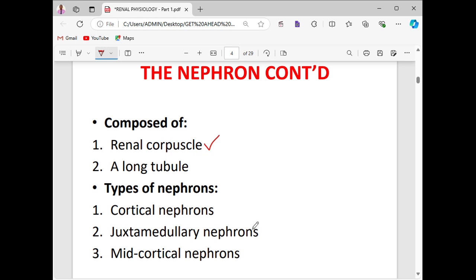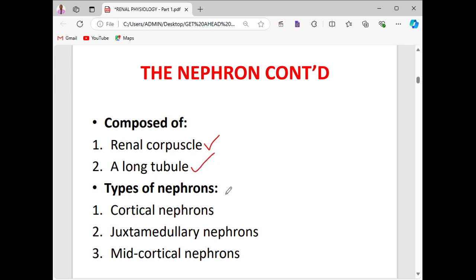So basically, the nephron is composed of the renal corpuscle and a long tubule, which is divided into three proper segments.